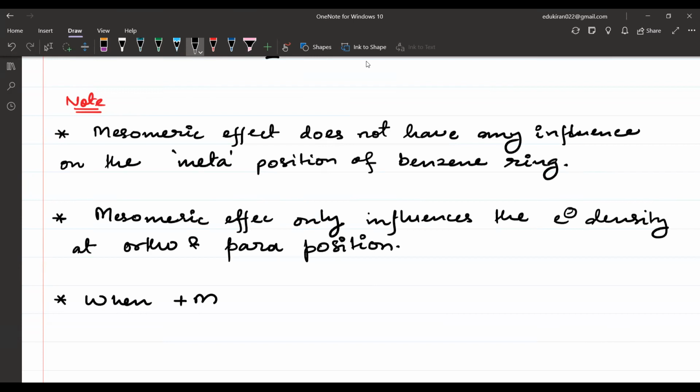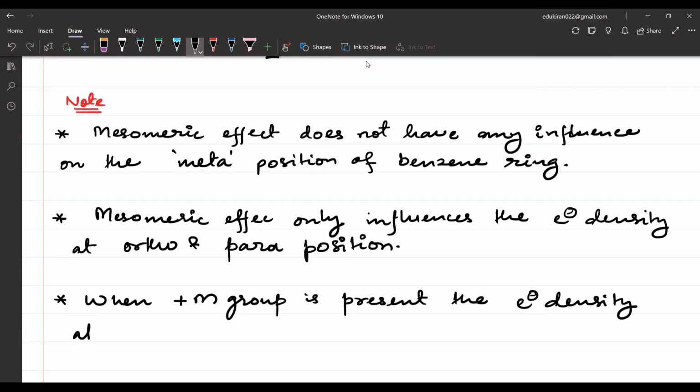When plus M group is present, the electron density at ortho and para position increases.